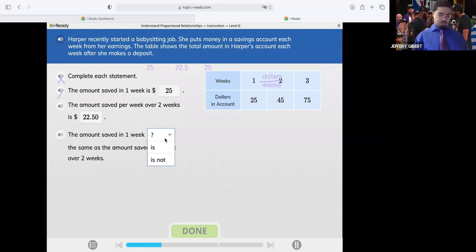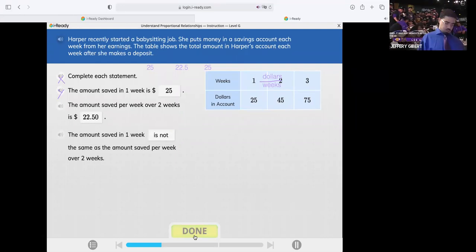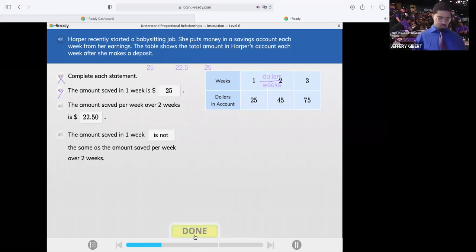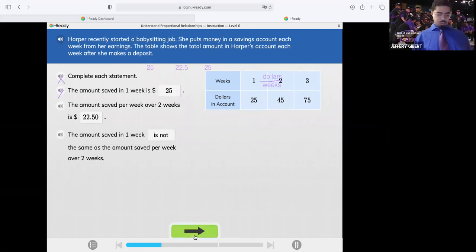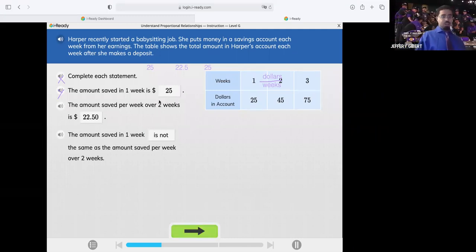Is not the same. Right. Great. The relationship is not proportional, so there is no constant of proportionality. For there to be a constant of proportionality, they have to all be the same. So if they're not the same and it's not proportional, there is no constant of proportionality.